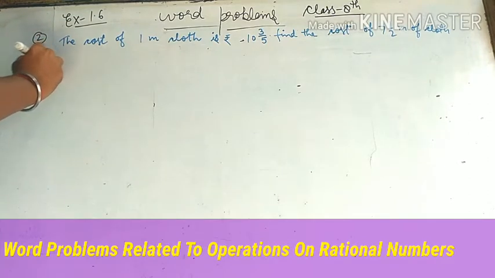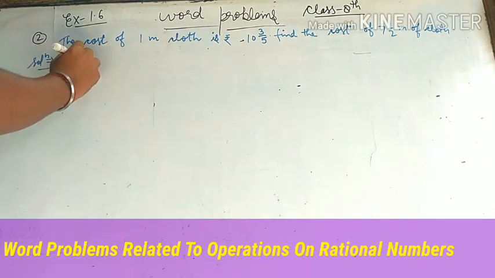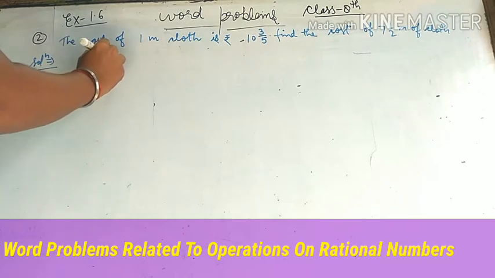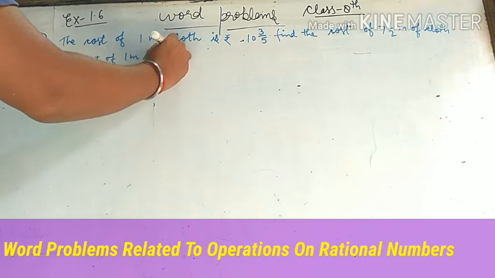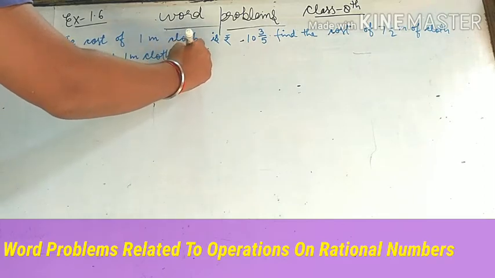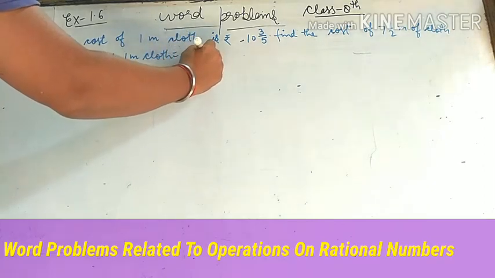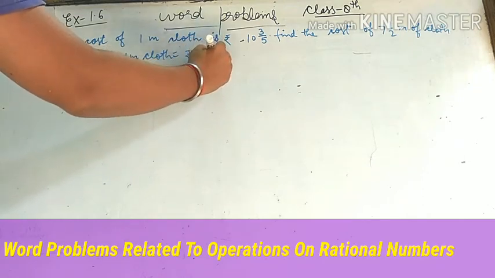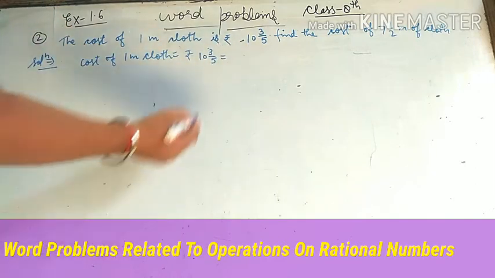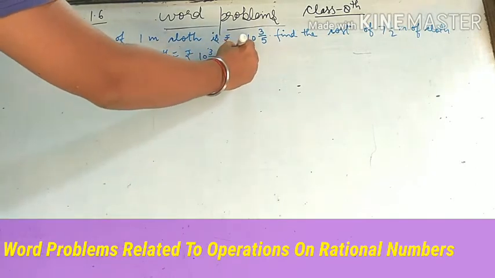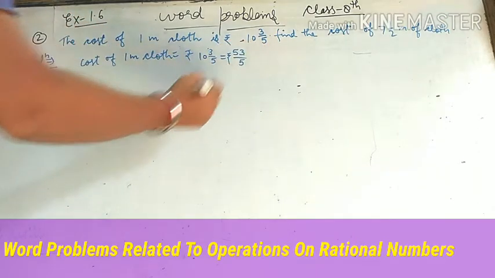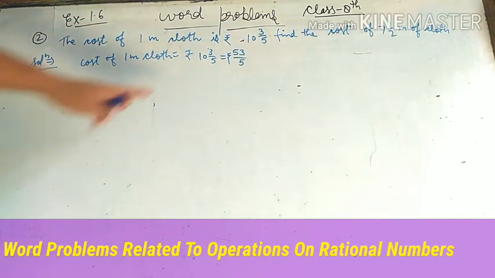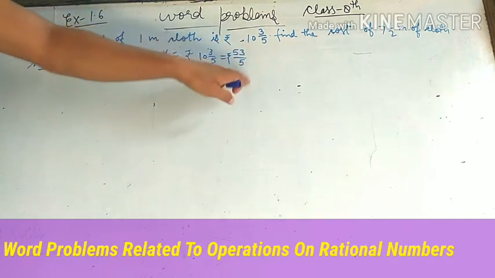So for the solution, we will write here cost of 1 meter cloth equals rupees 10 complete 3 upon 5, means 5 tens are 50 and 3, 53 upon 5.